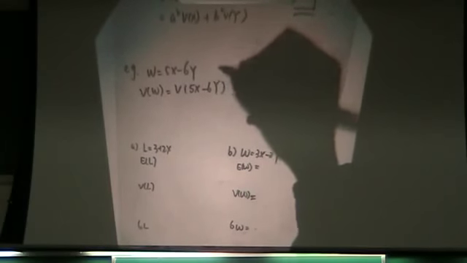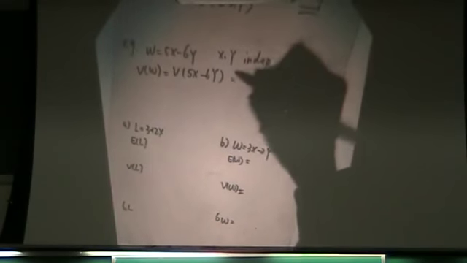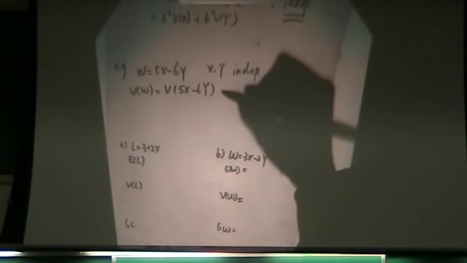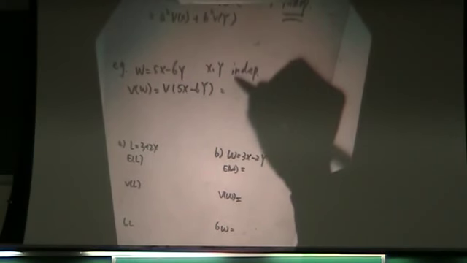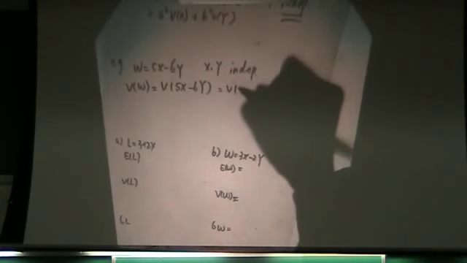And here is just a quick example for that. The variance of 5x minus 6y. Of course, here x and y are independent, so we could separate them.